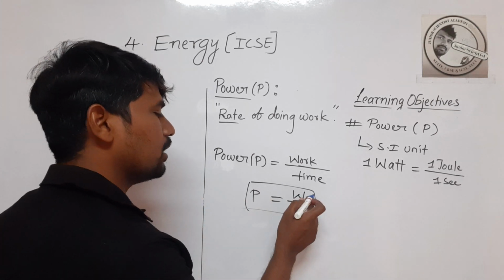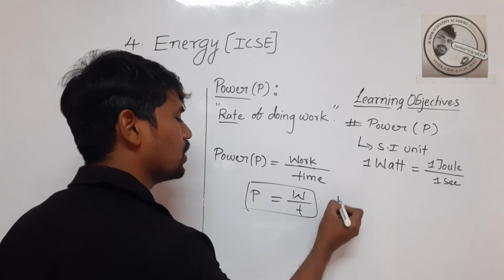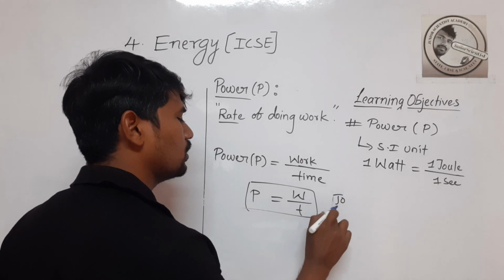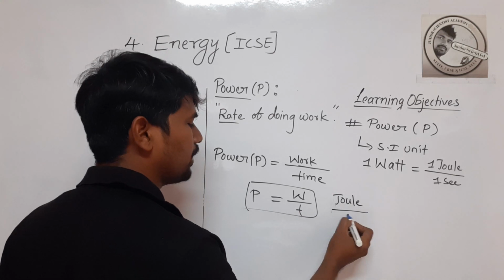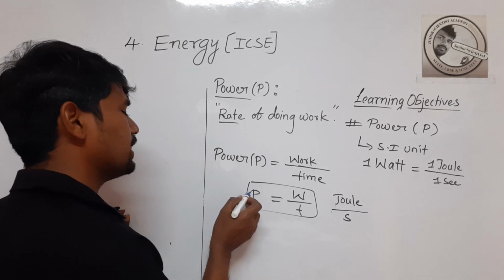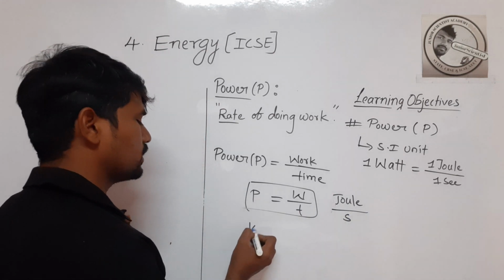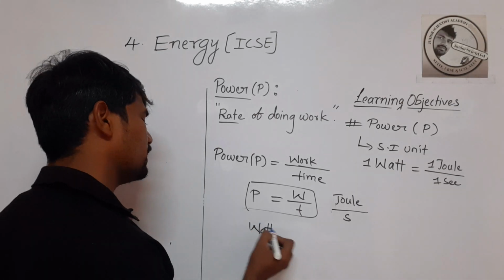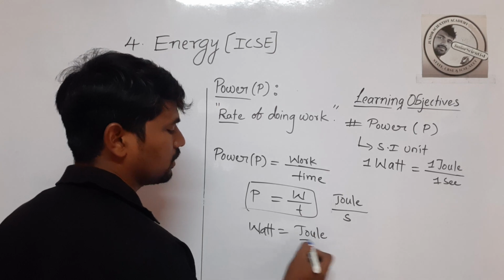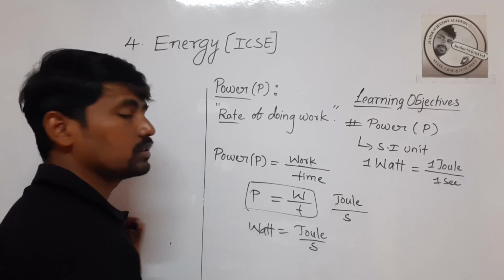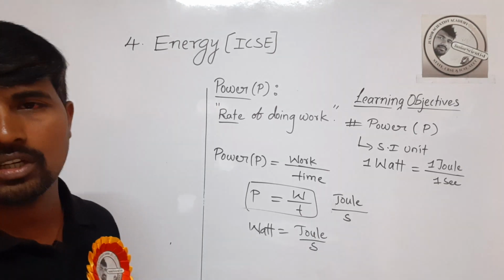The SI unit of work is joule, and the SI unit of time is second, and the SI unit of power is watt. So 1 watt is equal to 1 joule per second.